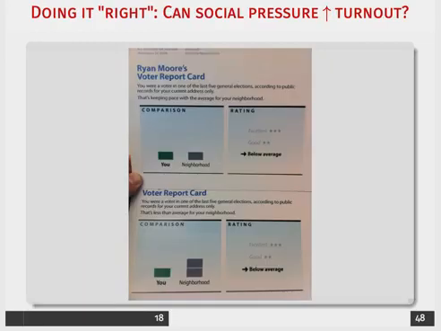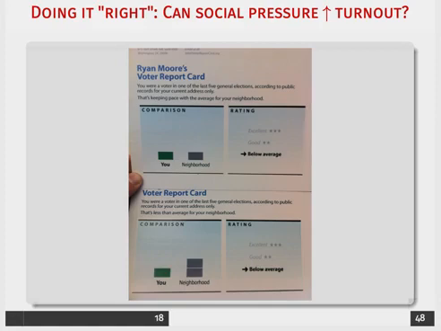Don't fret though, there are instances in which an association is related to a causal relationship based on the way a researcher designs their study. So I want to walk through an example of what it means to do it right.